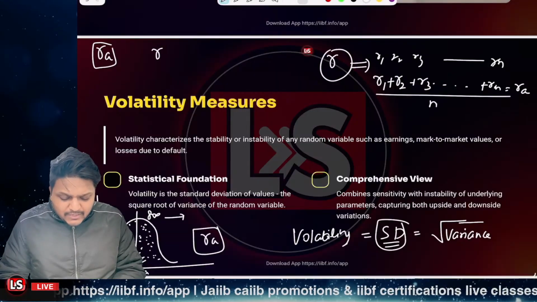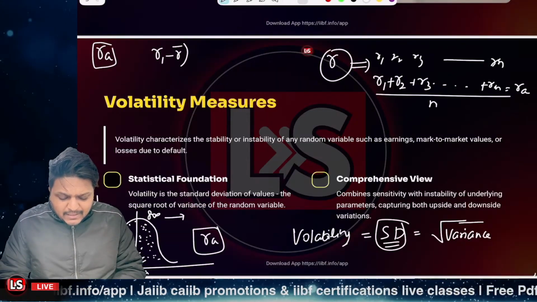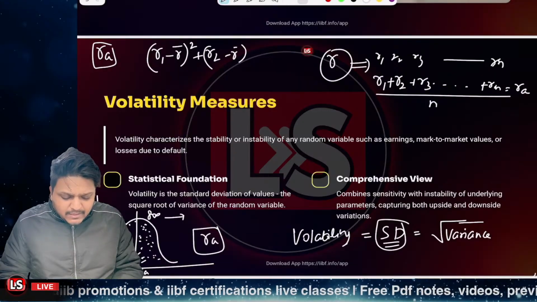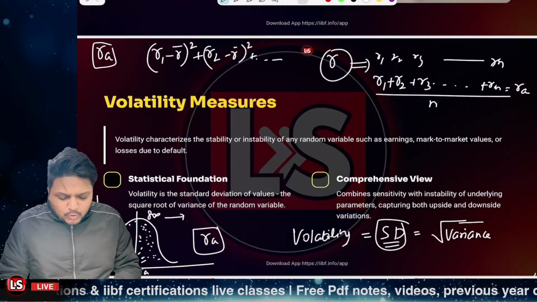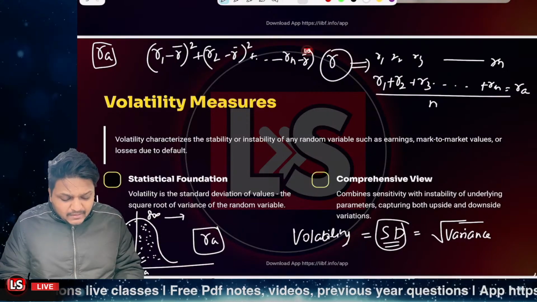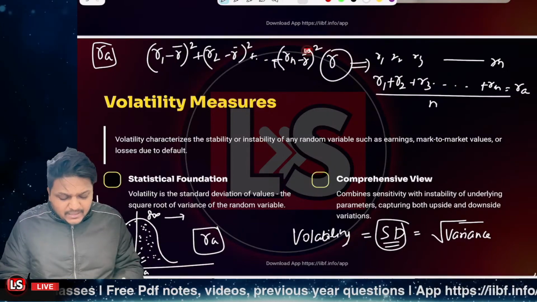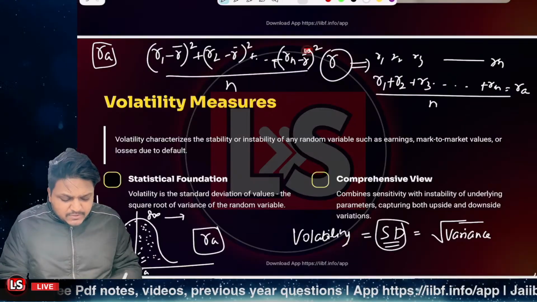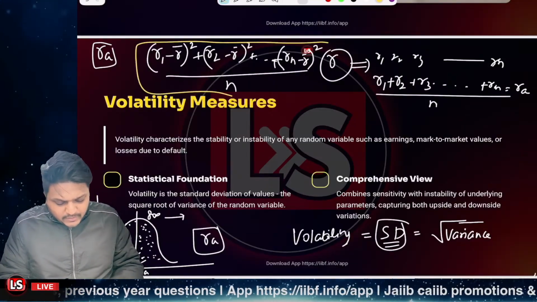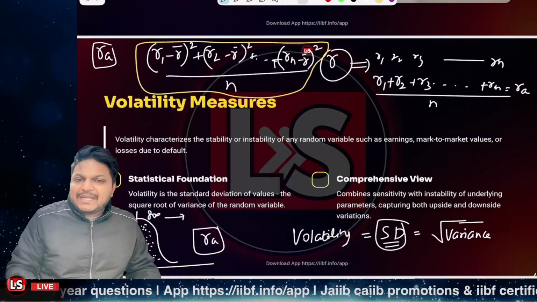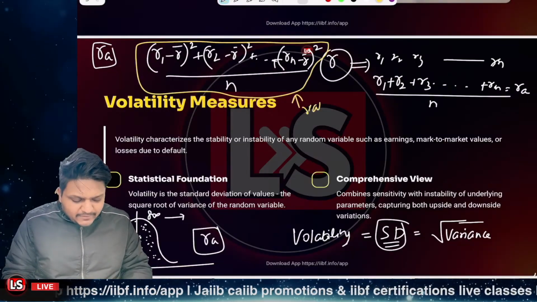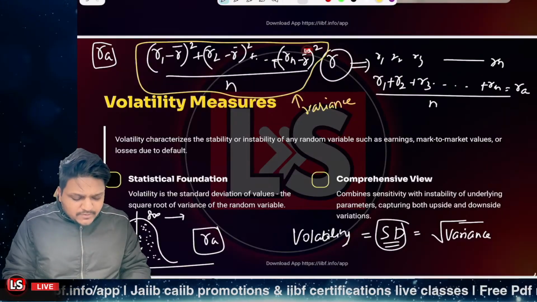So it will be (R1 minus R bar) squared plus (R2 minus R bar) squared, and so on up to (Rn minus R bar) squared, divided by the number of terms. This is the formula related to the variance, and when I find the square root of it, it will be the standard deviation.